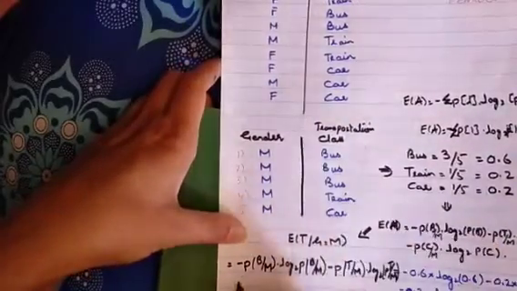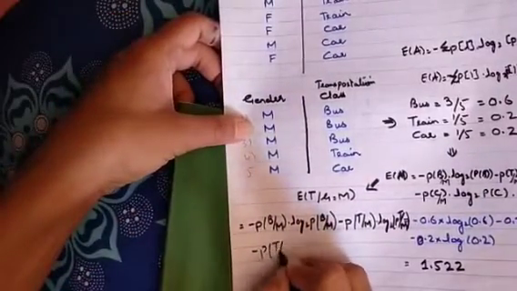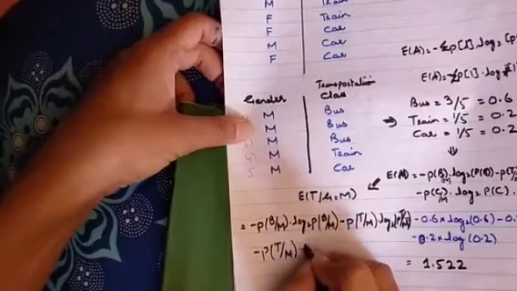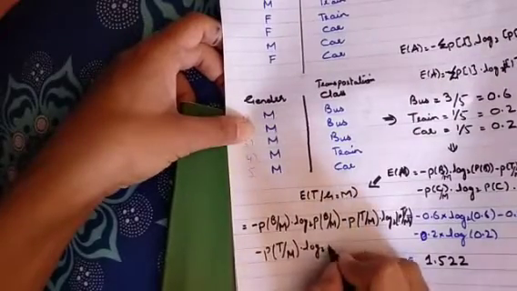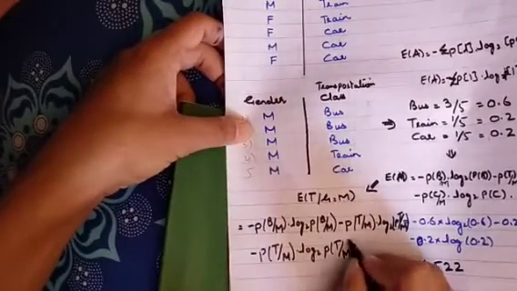Now I have to see for the last one as well, और वो क्या हो जाएगा, minus probability of train given that gender is male into log of 2 of probability of train given that gender is male.